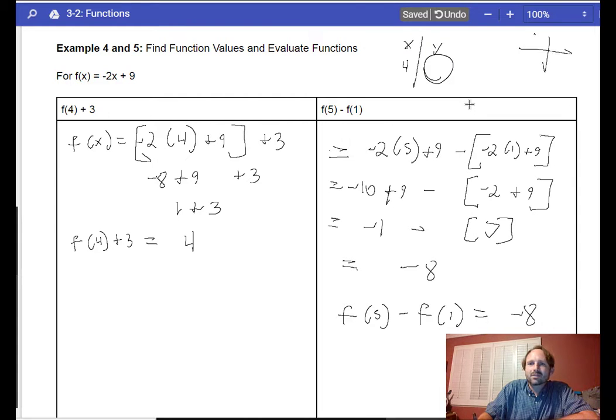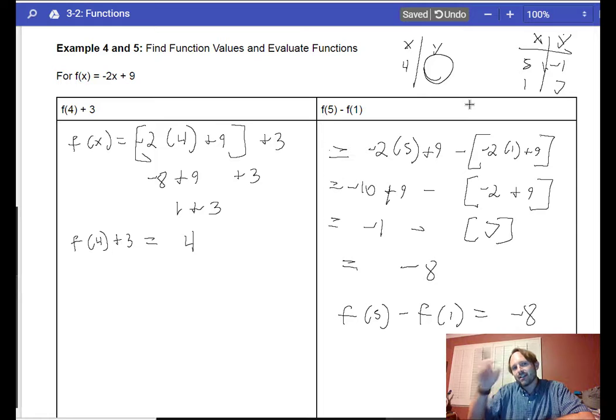So we would have had something like this: 5 gives negative 1, and then 1 gives, what was it, 7. And then it says, hey, subtract them. So negative 1 minus 7 would be negative 8. There's multiple ways for you to figure this out.